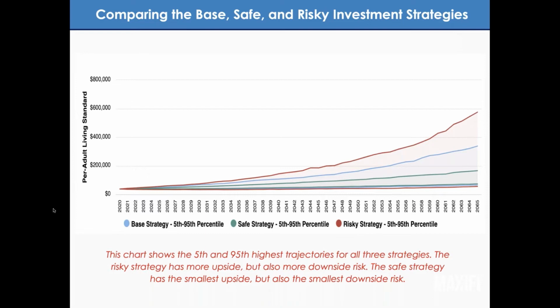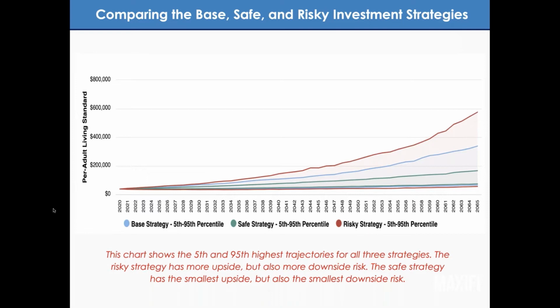The base strategy is the blue curves, and if you can see the 95th percentile curve there, it's not as high as the 95th percentile curve for the risky strategy, because they're not getting all the upside of the stocks in this case, since they're holding less in stocks. They're only holding 50% of their assets in stock through time, whereas in the red strategy, they're holding 80%.